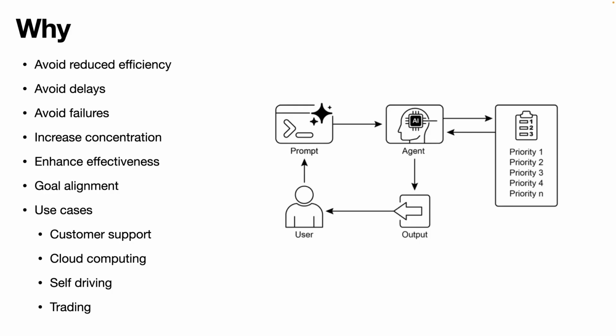An example can be self-driving: if your car is detecting some kind of obstacle on the road, you definitely want to prioritize steering instead of scanning something on the side of the road.